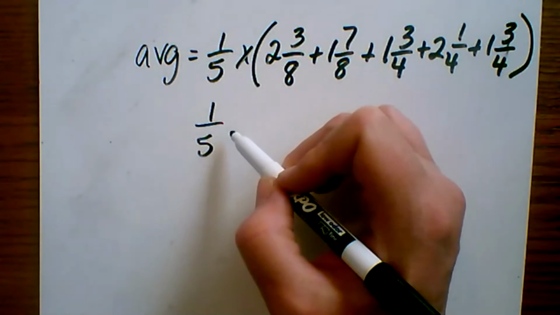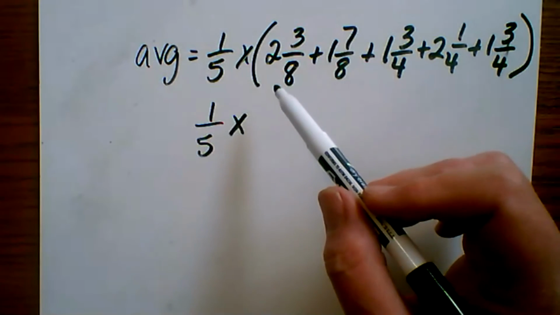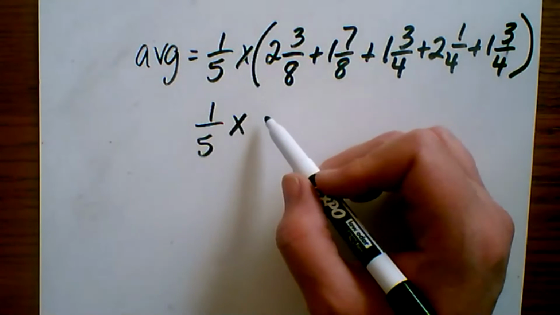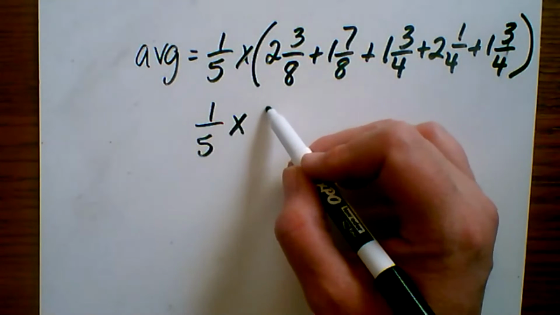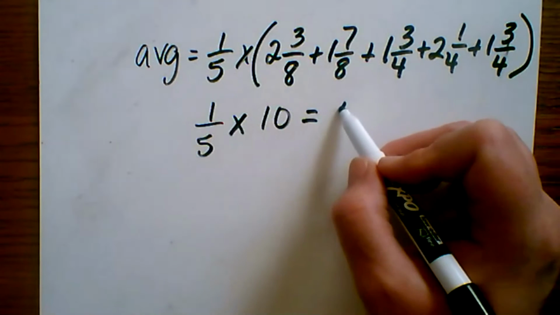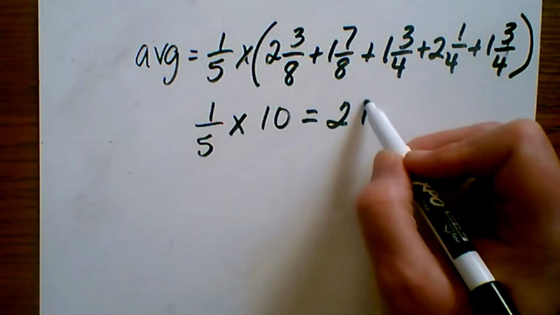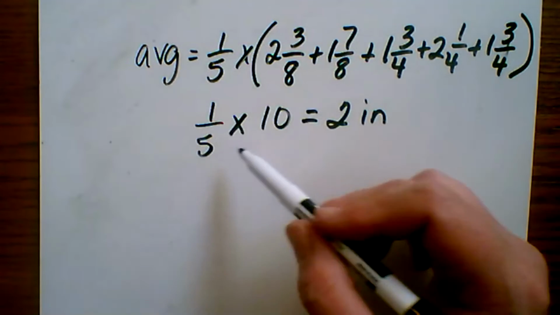So 1/5 times, when we add all of these numbers together, we end up with 10. And that equals 2 inches on average. So 10 divided by 5 is 2.